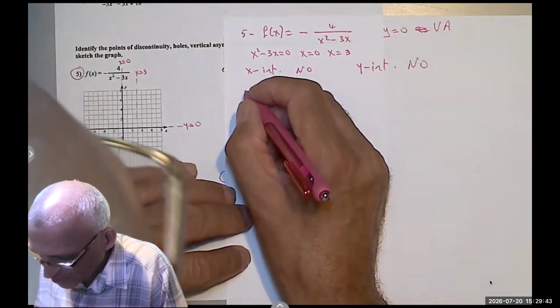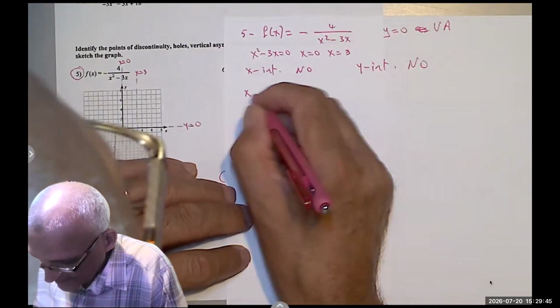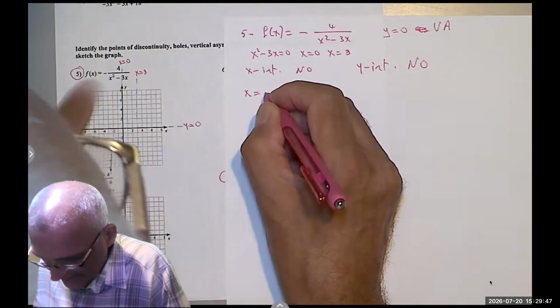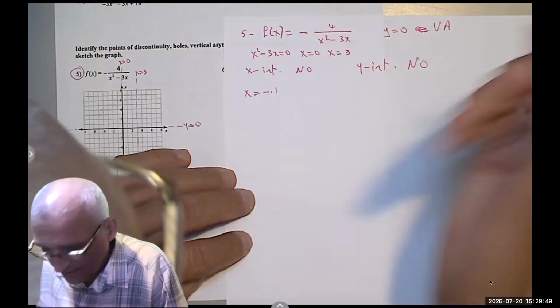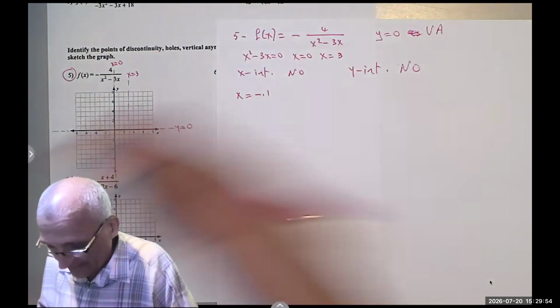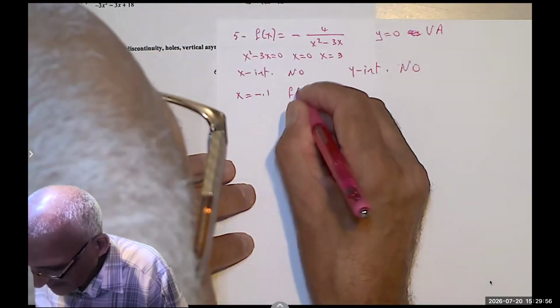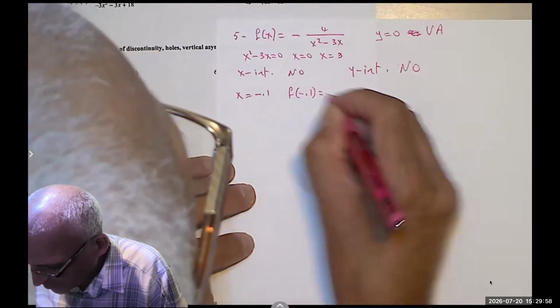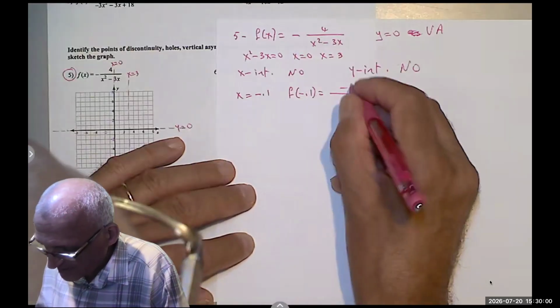So I'm going to assume x, to the left, say negative 0.1. Just a very small value. I'm not going to evaluate. You can, but I'm not. What I'm going to say is f of negative 0.1 equals: the numerator is negative 4, it doesn't change.